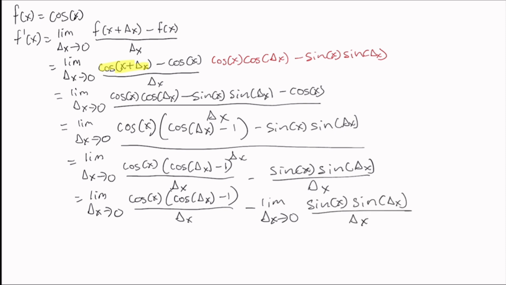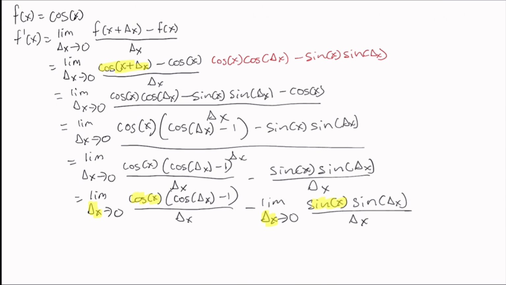So now, again, just like we did with the derivative of sine, this is the limit as delta x, or the change in x, approaches 0. So if delta x is approaching 0 here, we can treat cosine of x and sine of x essentially as constants.